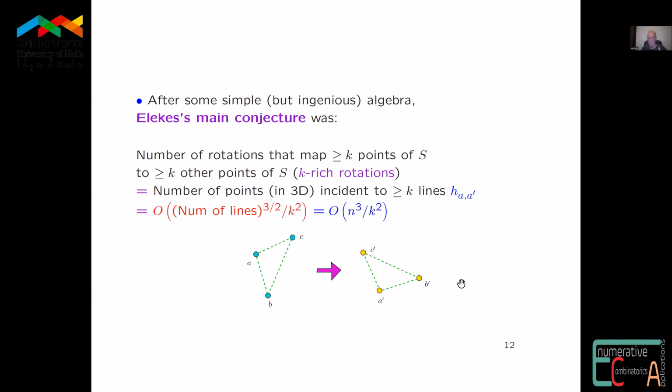In our case, we have n squared lines because each line is associated with a pair of points. So in our case, we want the bound to be n cubed over k squared.